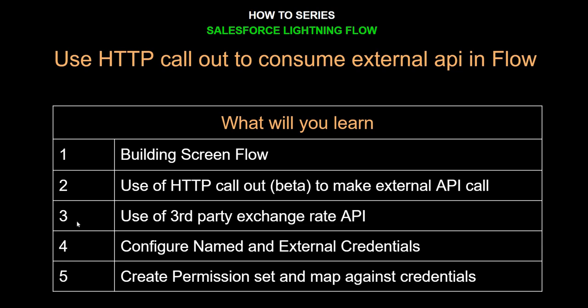I'll quickly show you which API we are going to use in this video, and then we will configure it. We will see how we can use external credentials and named credentials to ensure our Salesforce external service communicates to that API. For that we have to certainly use named credentials, external credentials plus a permission set. We'll see how we can use all these things to implement this particular business use case.